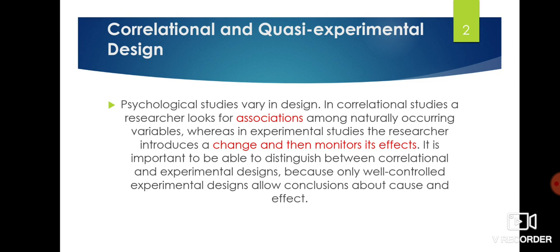For example, kaya ba tumatalino ang mga tao? Number 1, it's because of their gender. Number 2, is it because of their educational background? Number 3, is it because of their socio-economic status?